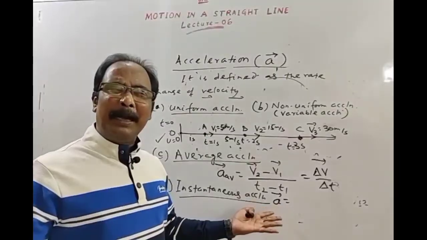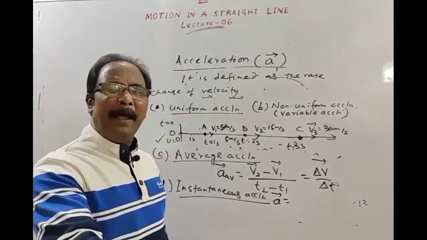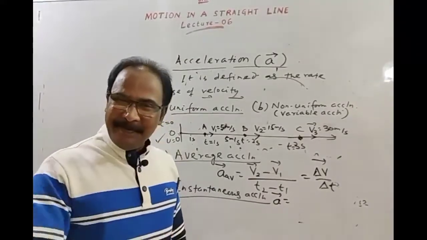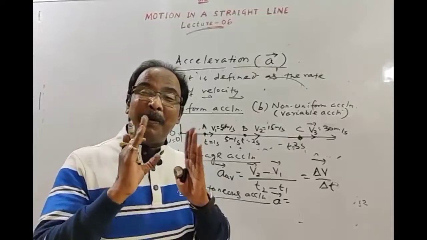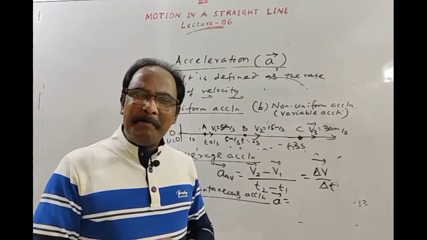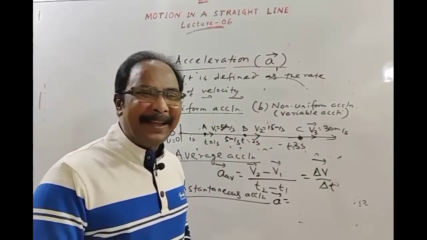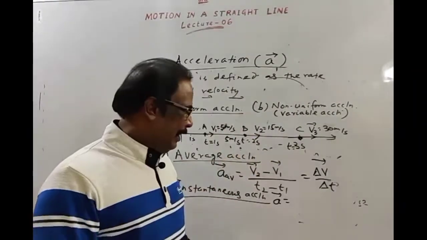Instantaneous acceleration is calculated by the limiting value of what? Limiting value of time, when the interval is very small, not zero, approaching zero, nearly equal to zero, a fraction of time.